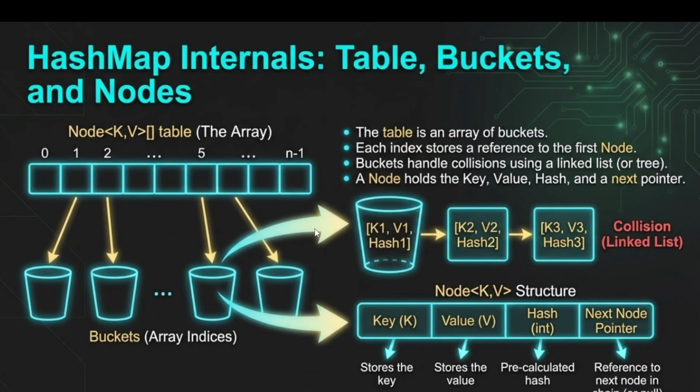Suppose this node was there, and after that this node will be added. This is called the next node pointer. This node is pointing to the next node, and that node is pointing to the next node. These references will be stored here. This is the concept of a linked list.